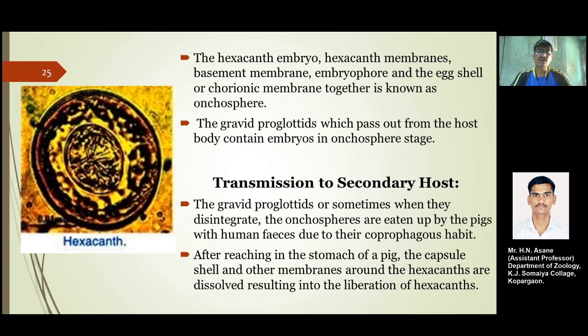The gravid proglottid, or sometimes when they disintegrate, the oncospores are eaten by the pigs with the human feces due to their coprophagous habit. So what we mean by the coprophagous habit is that one particular living organism eats the fecal material of another organism.